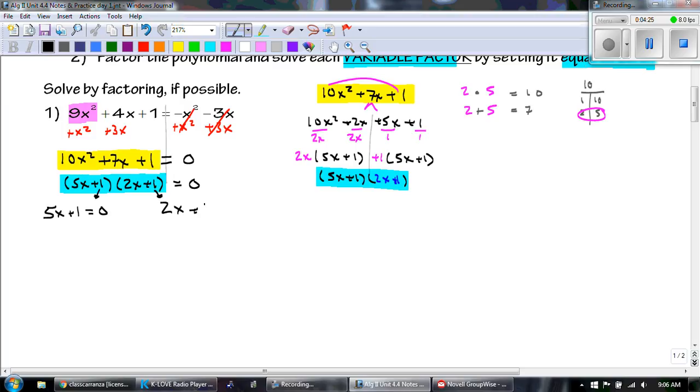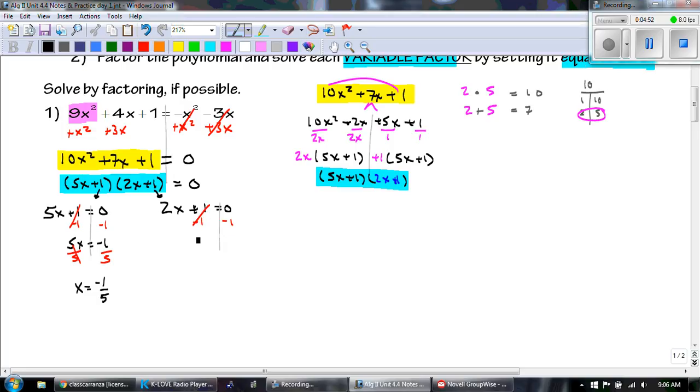And the 2x plus 1 has a variable, so I'm going to set that equal to 0. Each one of these we solve. So I subtract 1 from both sides. We get 5x equals negative 1. I divide by 5. x equals negative 1/5. But that's not my only answer.